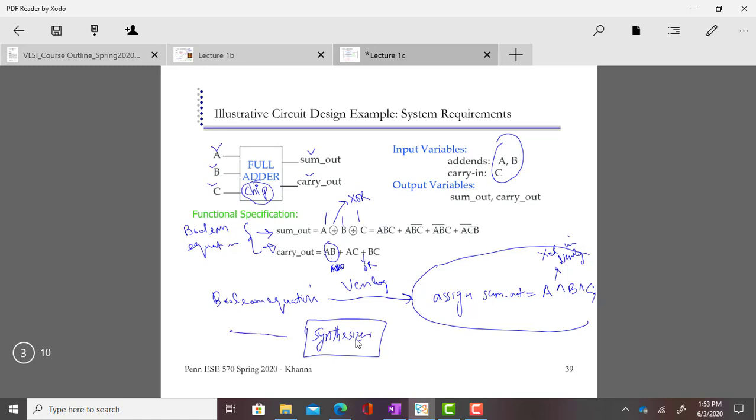The input is Verilog. The output is logic gates, so DLD gates.